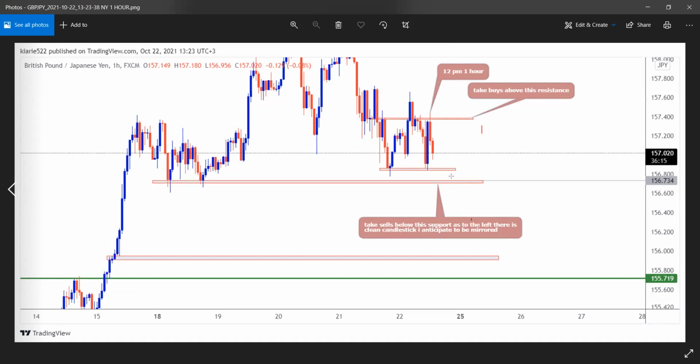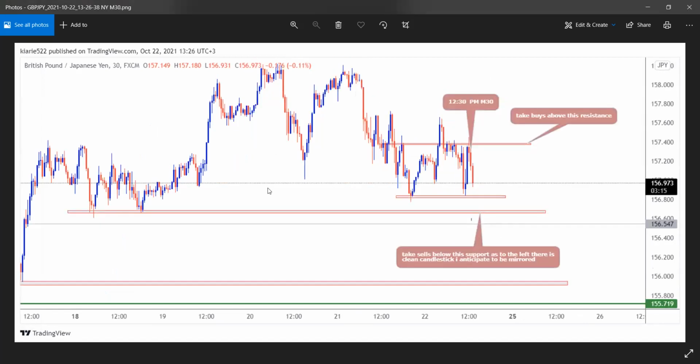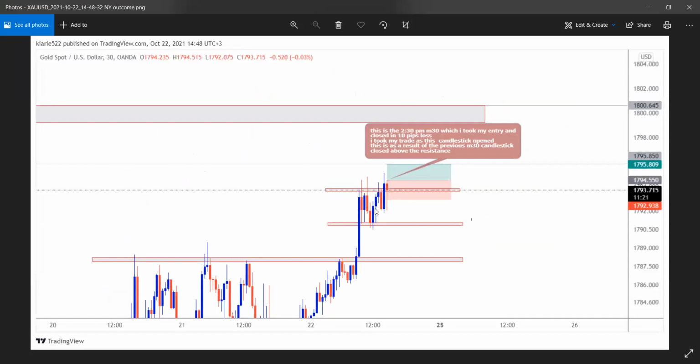As you can see, hii ni range. Nilikuwa nataka buys above huku au sales below huku, lakini sales ndio zingekuwa nzuri kuchukua on that day. Sales. This was gold.